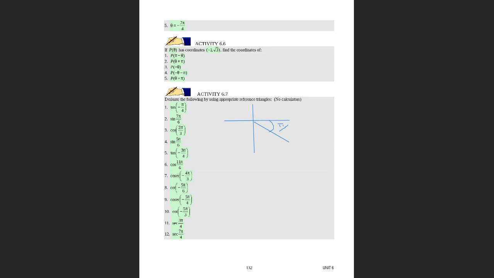Pi over 4. So we can't see your drawing. Let me see the board. No, we can't see the drawing. Is it that you can't see at all? Can you see the circle I've drawn?